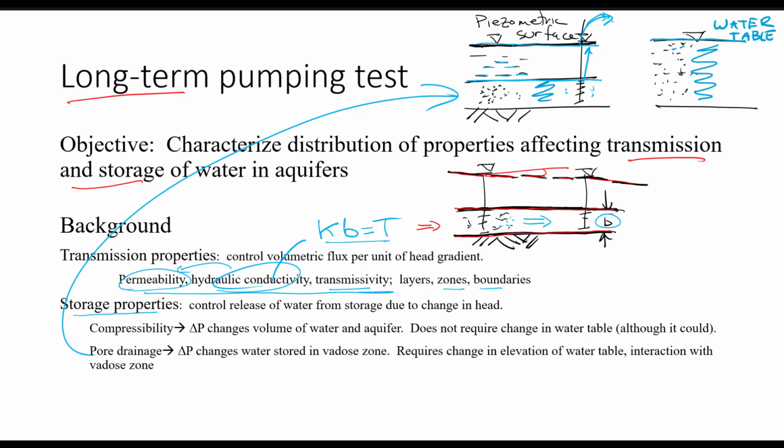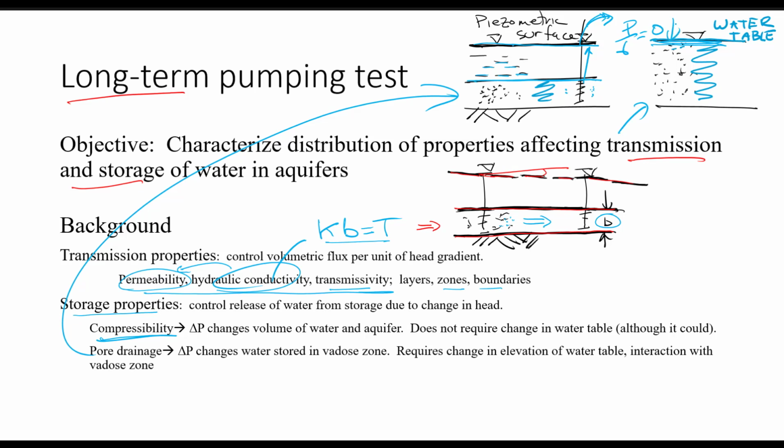So when we have a confined aquifer, the release of water occurs from compressibility, both the compressibility of the aquifer and the compressibility of the water itself. Now, this other illustration is a bit different because in this case, we have a water table here, and this is the surface where the pressure head is equal to 0.